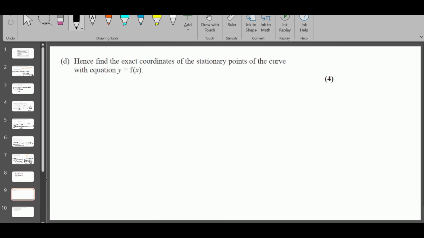Hence find the exact coordinates of the stationary points of the curve. You need to take the first derivative of f of x equated to 0. So 6x squared minus 2x minus 8 is 0. Divide through by 2. 3x squared minus x minus 4 is 0.